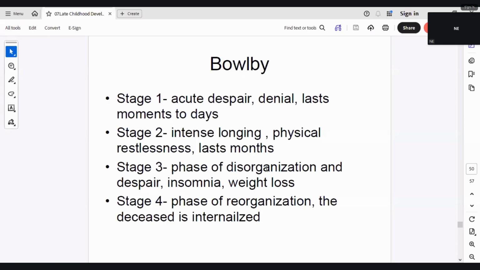Then there's a phase of disorganization with insomnia and weight loss, and then a phase of reorganization where the deceased is internalized. So they'll tell you that my father or my mother or whoever that passed that's close to me is with me forever, or I know that they can see me from above. They're with me all the time. So that sense of them being internalized, that they're going to be with them forever.